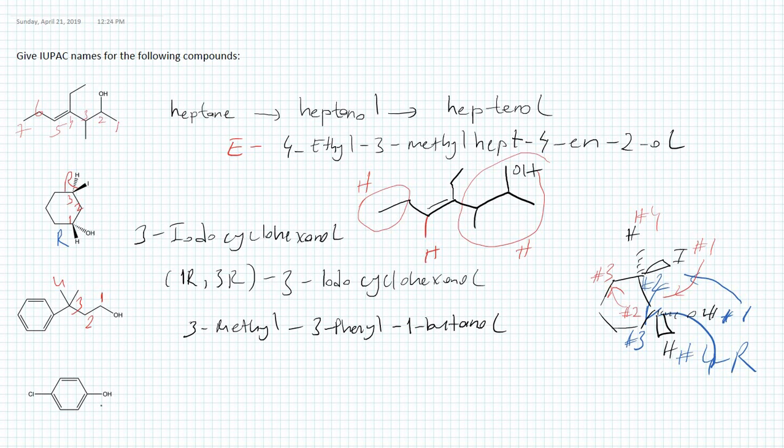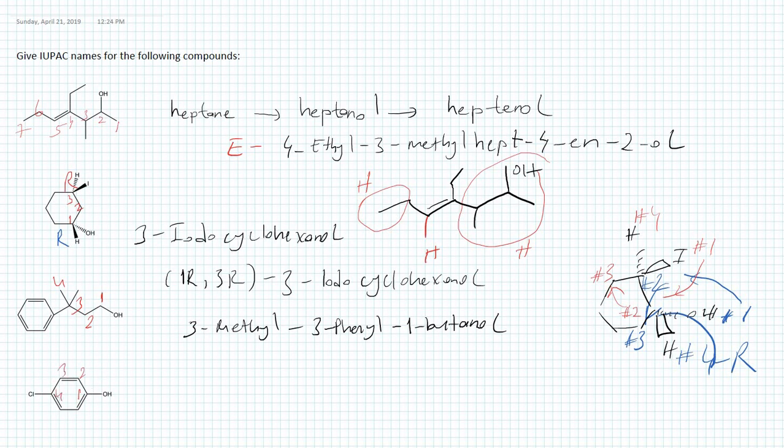Let's move to the last option. Here we have a hydroxybenzene functionality, whose common name is phenol. So basically this is a phenol, and let's look at the substituents. We have an OH functionality at number 1, and at 4 we have chlorine.